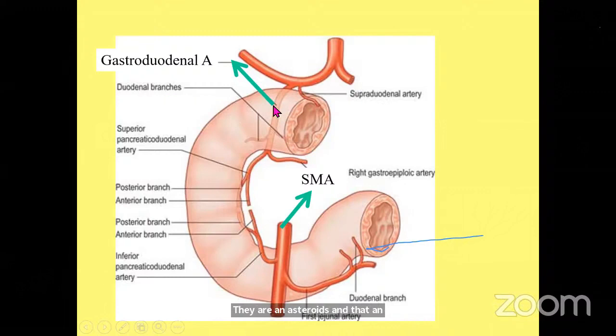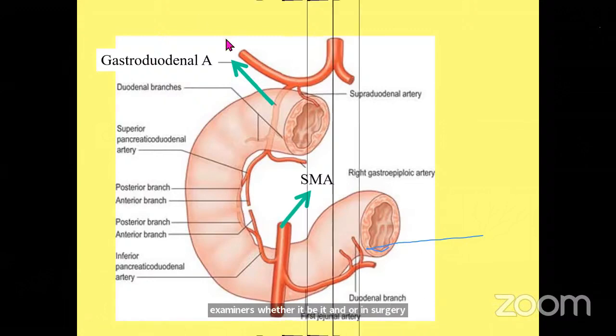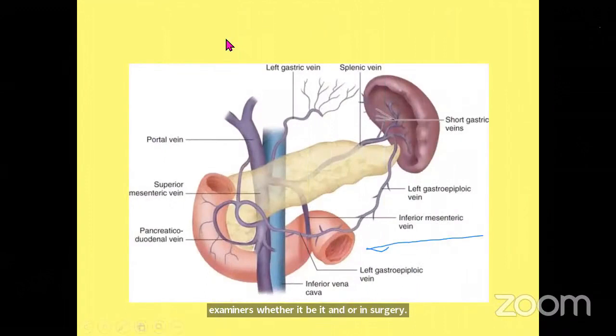So the two important aspects are: the gastroduodenal artery lies behind the first part of duodenum, and the superior mesenteric artery lies in front of the third part. Superior mesenteric artery is a very favorite question for most examiners, whether in anatomy or in surgery.